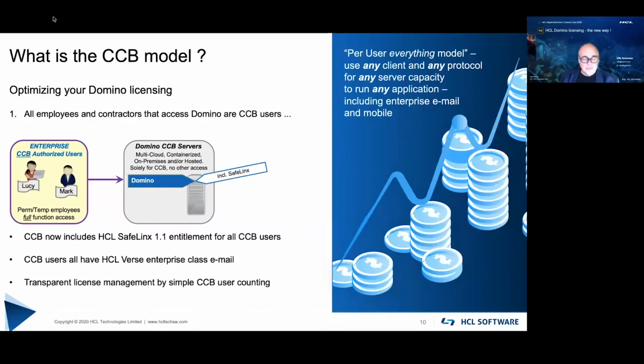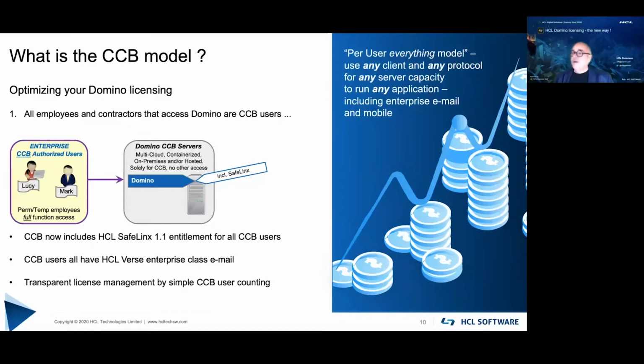So SafeLinks is now included with CCB, and as a consequence, you have access to a world-class reverse proxy, the world-class VPN for all the users licensed on the CCB, which is a very significant addition to the Domino setup. Also, they have all the enterprise mail. They have all the mobile capabilities of Nomad and Nomad Web. So it's a very simple way of licensing your users to do anything they need going forward.